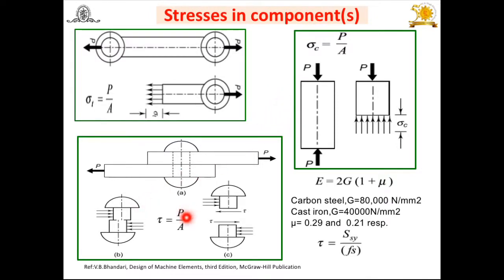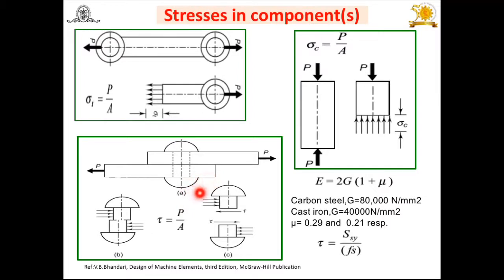Now again, in shear, what is happening? Because of these shear stresses, distortion of the original right angle is going to occur.